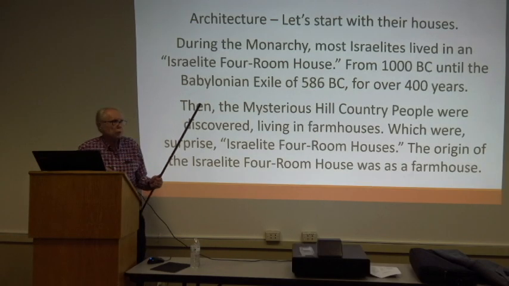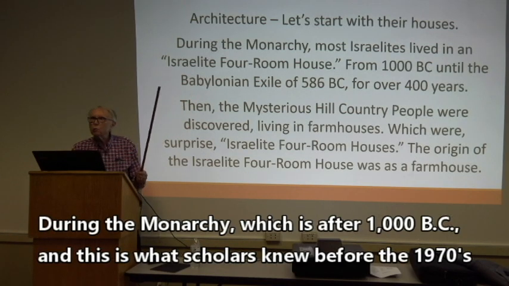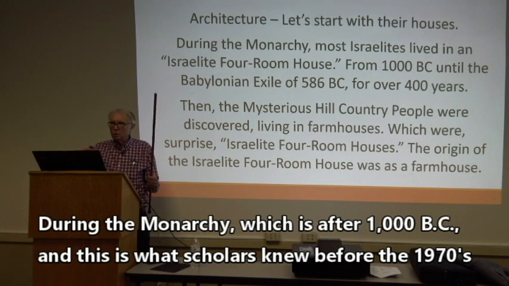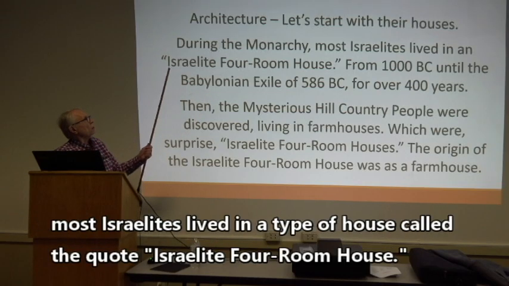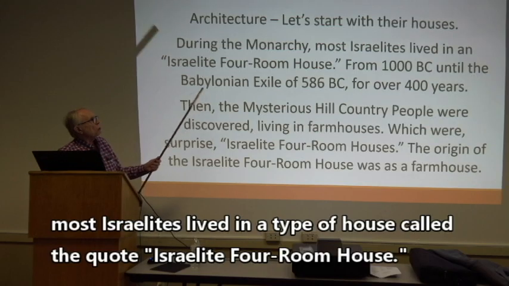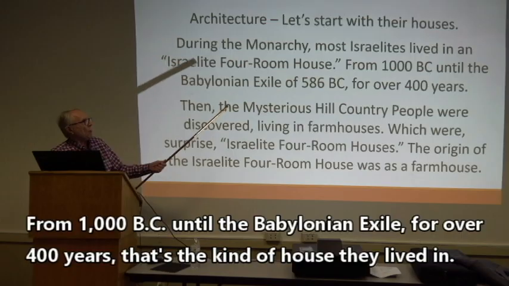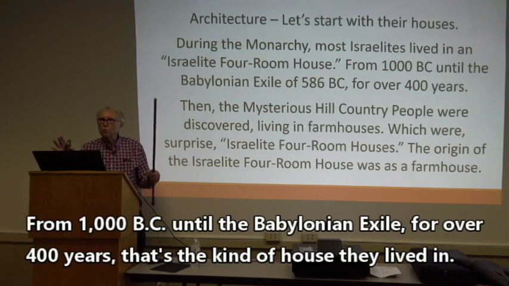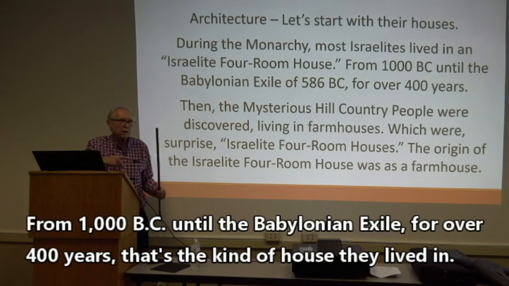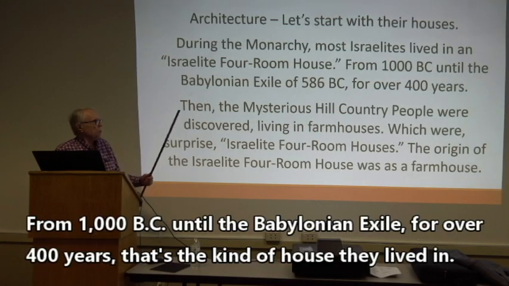because this is fascinating. During the monarchy, which is after 1000, and this is what scholars knew about before the 1970s, most Israelites lived in a type of house called the, quote, Israelite four-room house. From 1000 BC until the Babylonian exile, over 400 years, that's the kind of house they lived in.